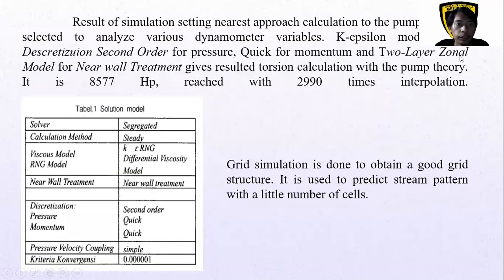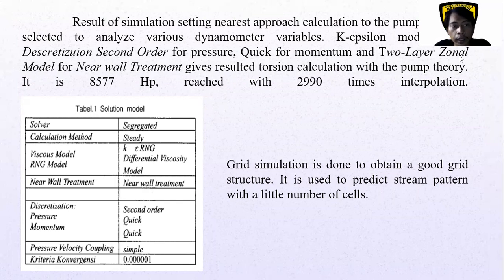And the result of the simulation setting nearest approach to the calculation of the pump theory is selected to analyze various dynamometer variables. The epsilon model using second order discretization for pressure, QUICK for momentum, and two-layer zonal model for near wall treatment give torsion calculation results consistent with the pump theory.